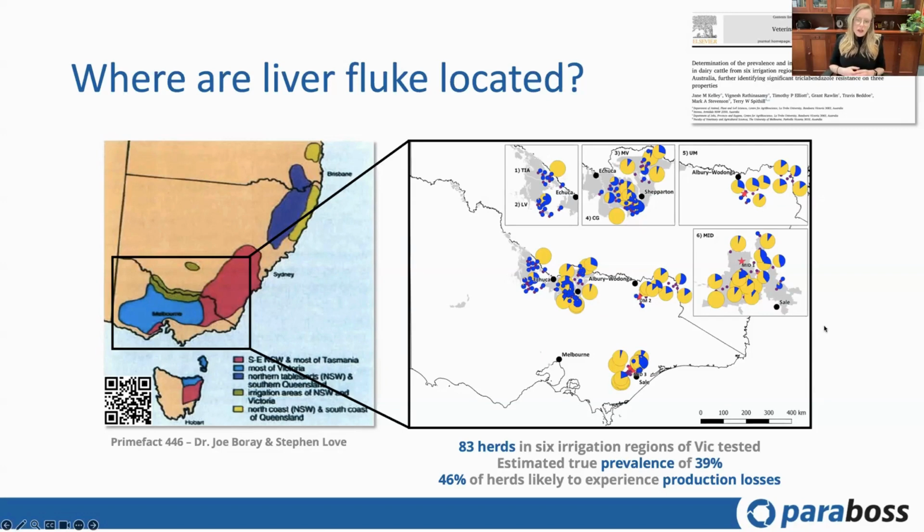But effectively, they examined 83 herds across the 6 main irrigation regions of Victoria, and they found there was about a 40% prevalence in those animals. And of the herds that were tested and infected, 46% were likely to be infected above a threshold that was impacting their production outcomes.